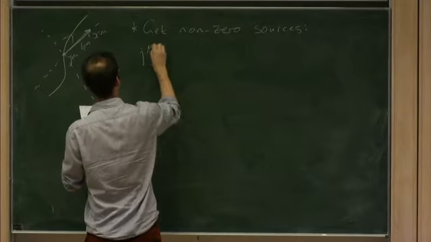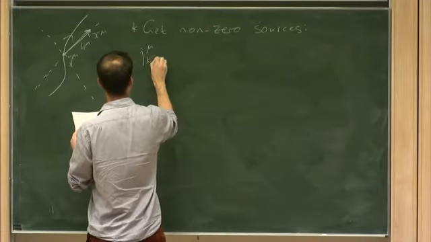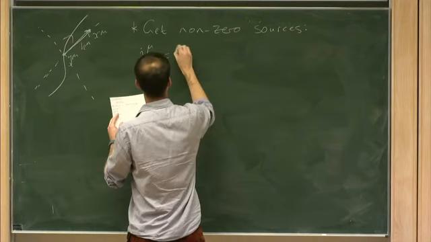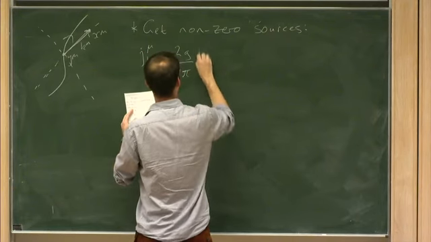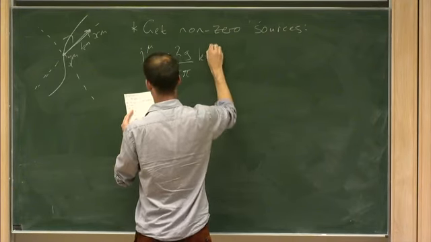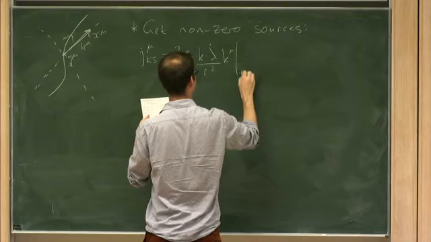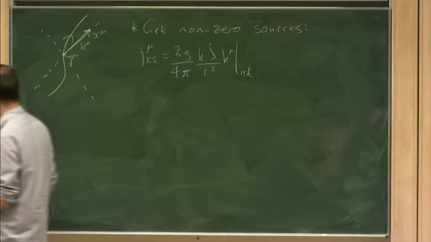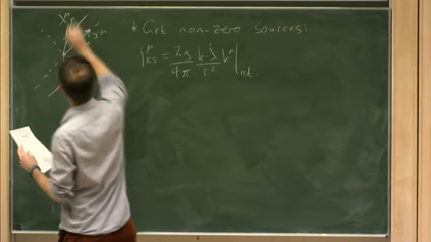So in the Maxwell equations, you end up with a current on the right-hand side, which is the source in the gauge theory. So I'll call that J mu Kerr-Schild. And it turns out to be 2g over 4 pi k dot lambda dot over r squared k mu, where everything is evaluated at the retarded time, and lambda is just the tangent to the world line.